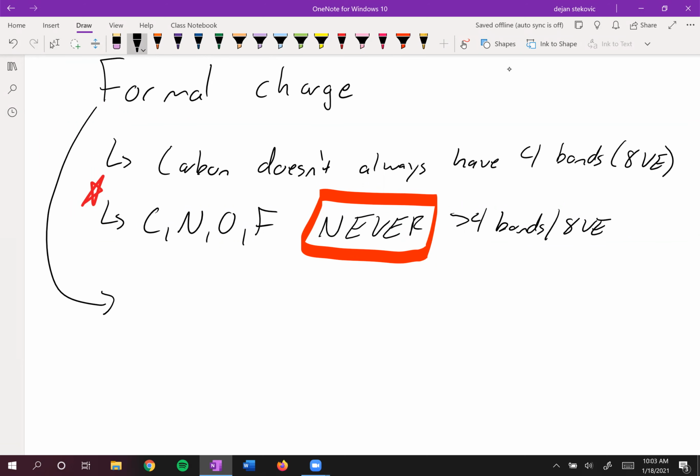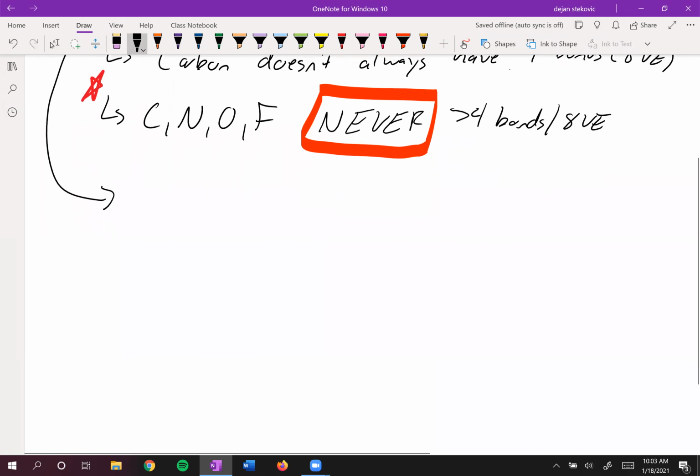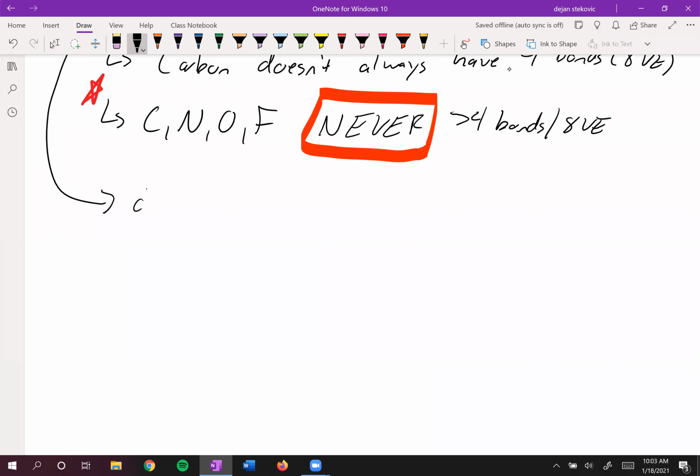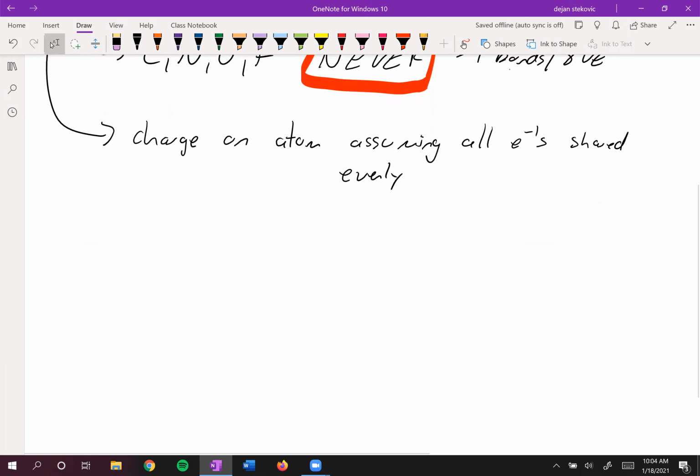And so if you think back to Gen Chem about what formal charge is, formal charge was the charge on an atom, assuming all the electrons are shared evenly. And it's important to know formal charge because it's often the site of reactivity.